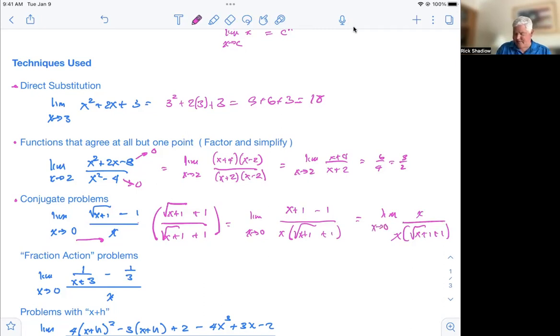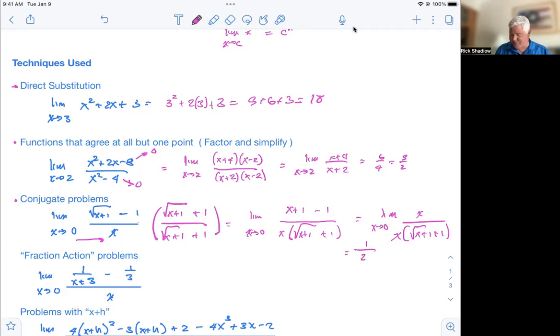And again, the x over x will simplify to 1. And so I have 1 over, and using direct substitution, the x's are now gone, the square root of 1 plus 1, which is going to be 2 as a final answer.